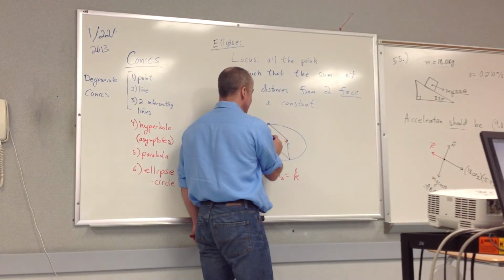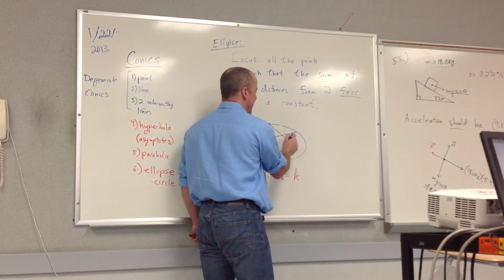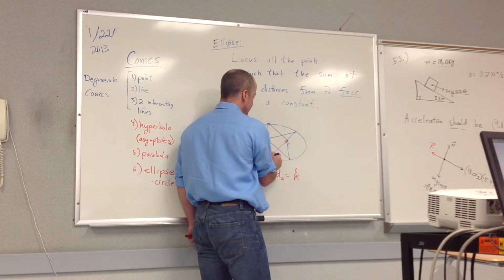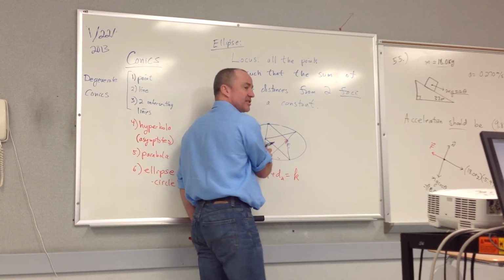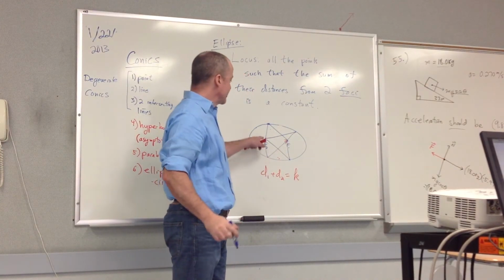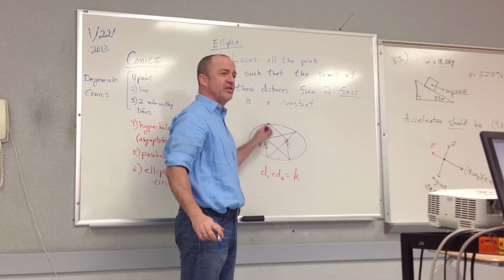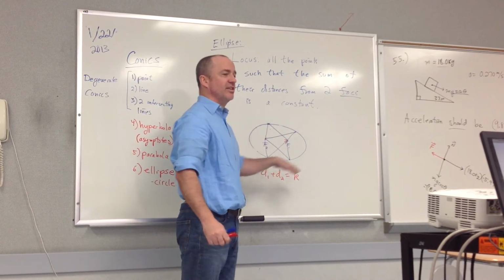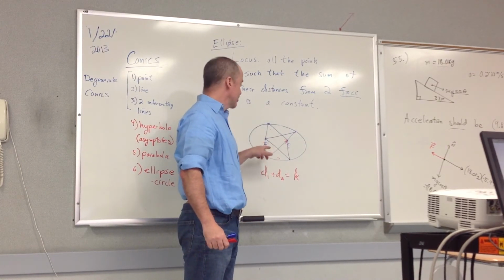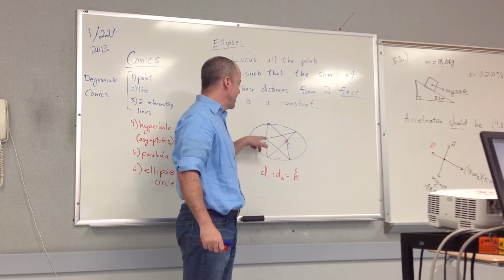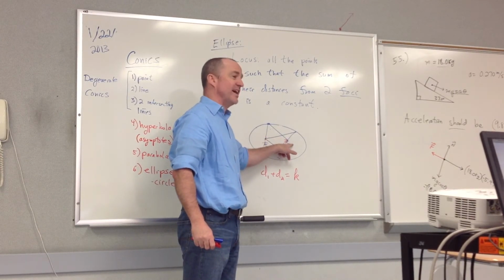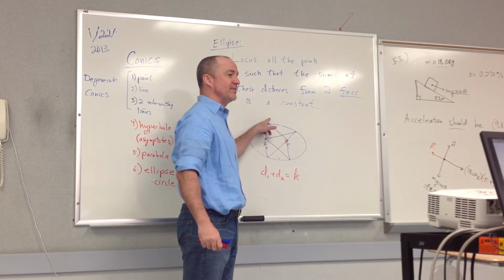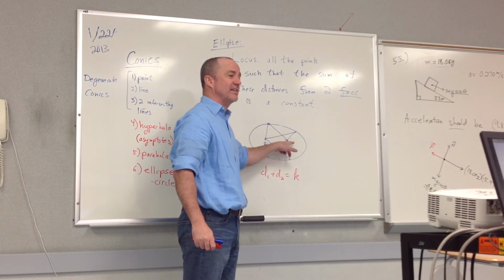Anywhere you go on the ellipse, if I go from here to here and then back, these two distances will add up to that range. If I go from here to here and back, these two distances will stay in that range. So if you want to start here and end here, and you've got a mission to do, how do you know if you can pull it off? Is it inside this ellipse? Because if you're going in a straight line, this is the furthest you can fly from this focus and make it to that focus. If you step outside that ellipse, you will not have the fuel to get back to that one.